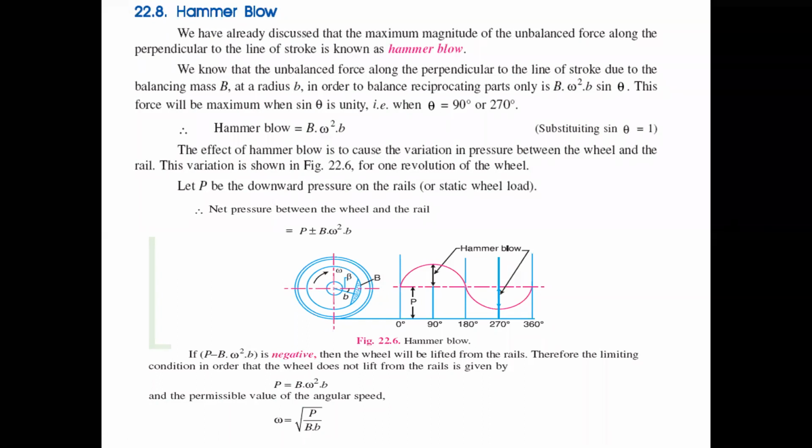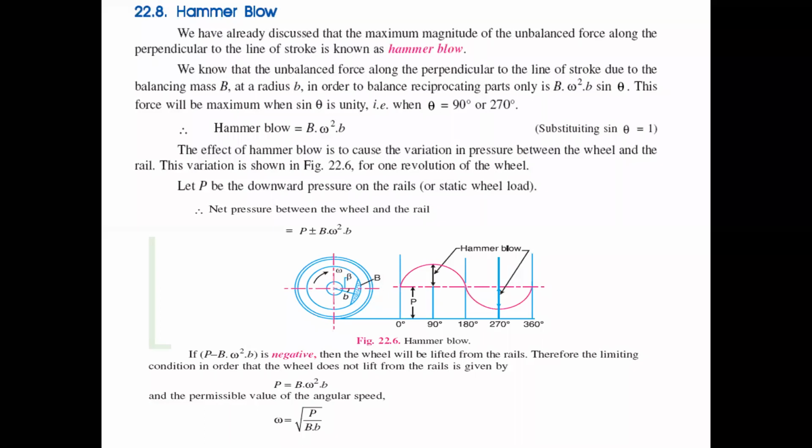When p minus b omega square b goes negative, that will happen. Therefore we take a limiting condition, so that the wheel does not lift from the rails. That is very important, so we always maintain that condition: p equals b omega square b, so it doesn't go to a negative value.